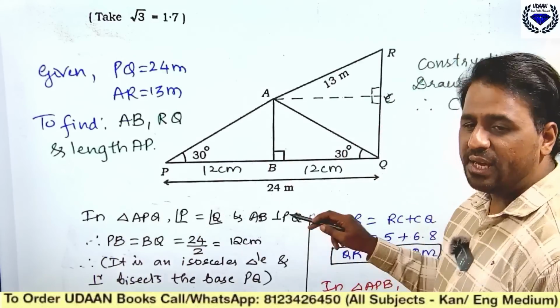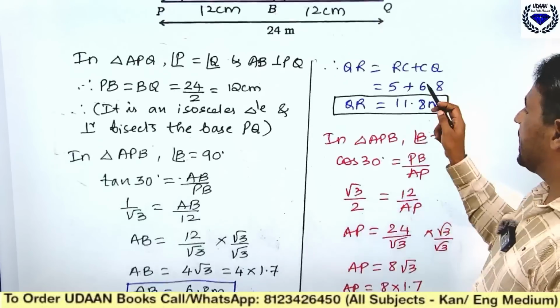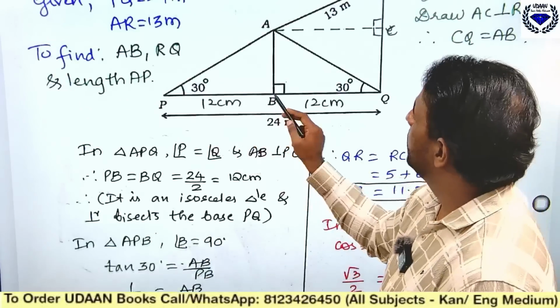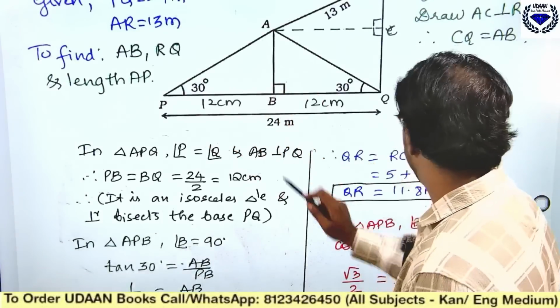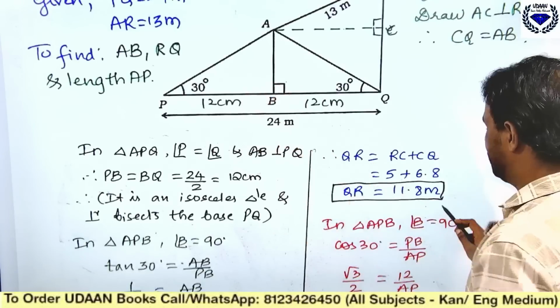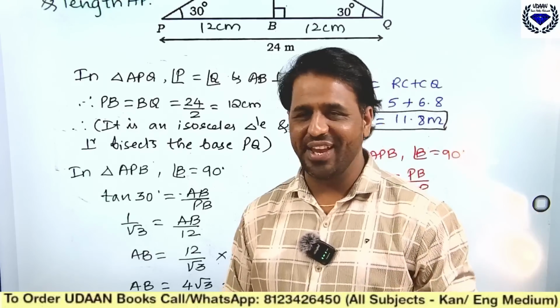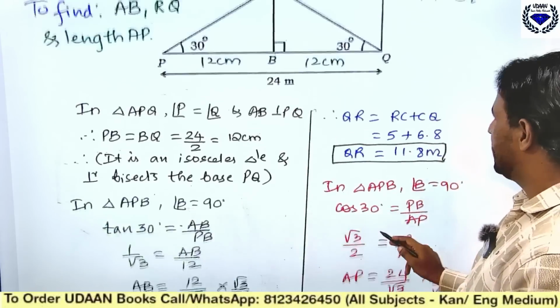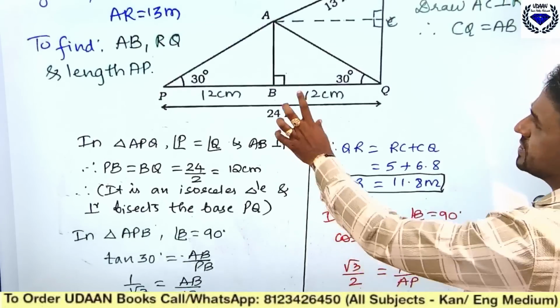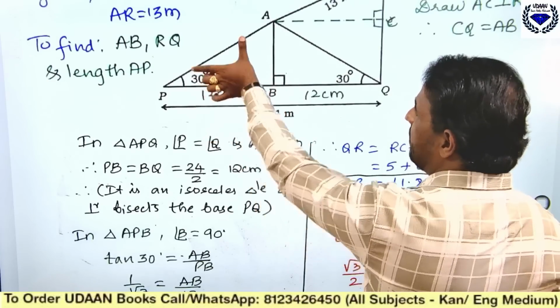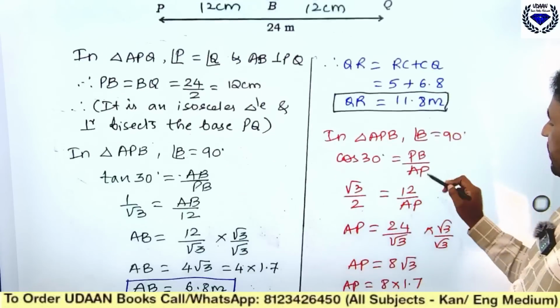Now I need to find AP. Again come to this triangle only. In triangle APQ, angle B is 90 degrees. You use cos theta or sin theta, you will get the answer. Cos 30 I will take. Cos is adjacent divided by hypotenuse.